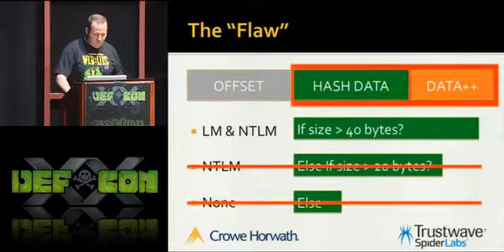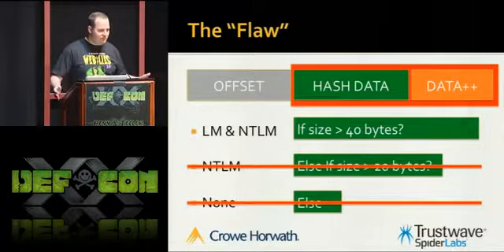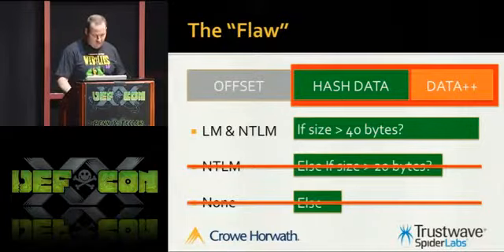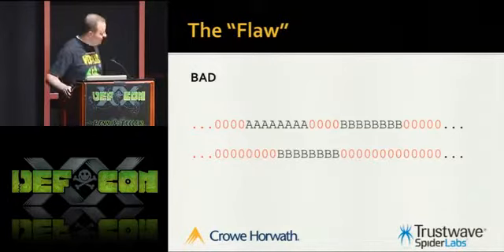What happens is that when we look to the end of this data stream, we consider hash data and data plus plus as the same entity, because this code is not intelligent to what these are. It doesn't know how to understand these data structures. So when we use this measuring stick approach, we can end up with bad logic. This goes back to the same example Ryan showed before.